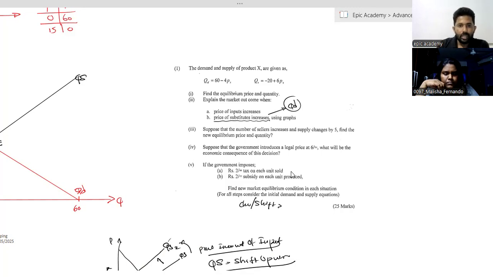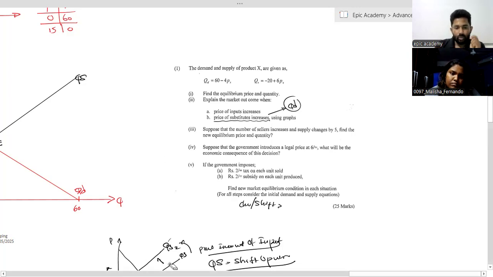What will be the economic consequences of this decision? After that kind of decision, what will happen to the market? Whether quantity demanded could increase, whether quantity supplied decreases or increases, whether it arises shortage or excess situations or black market prices. You have to identify that.